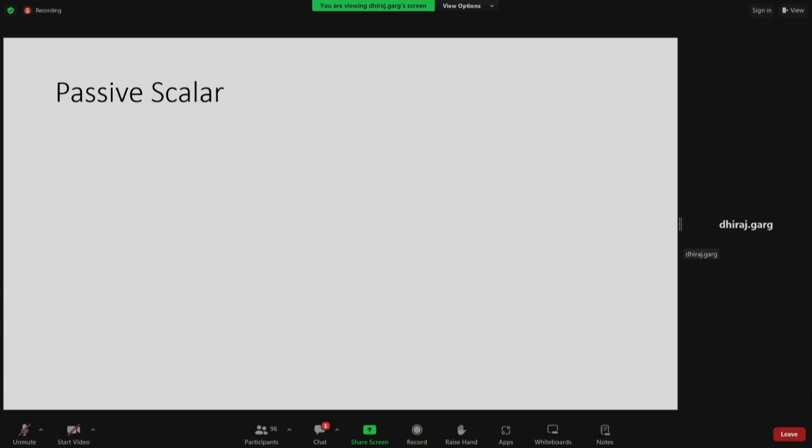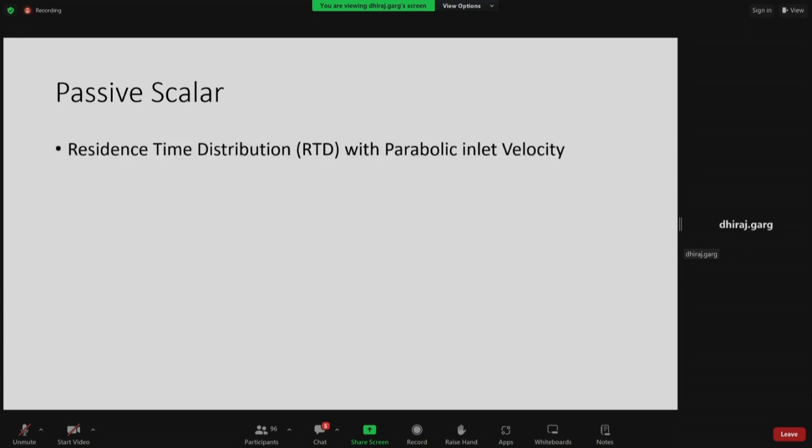Okay, let's move further. Another important aspect and practical application of this is the residence time distribution. In the tutorial, we will be showing this with a parabolic inlet velocity. Parabolic inlet velocity corresponds to laminar flow, but it can be done with turbulent flow too. So what is residence time distribution?